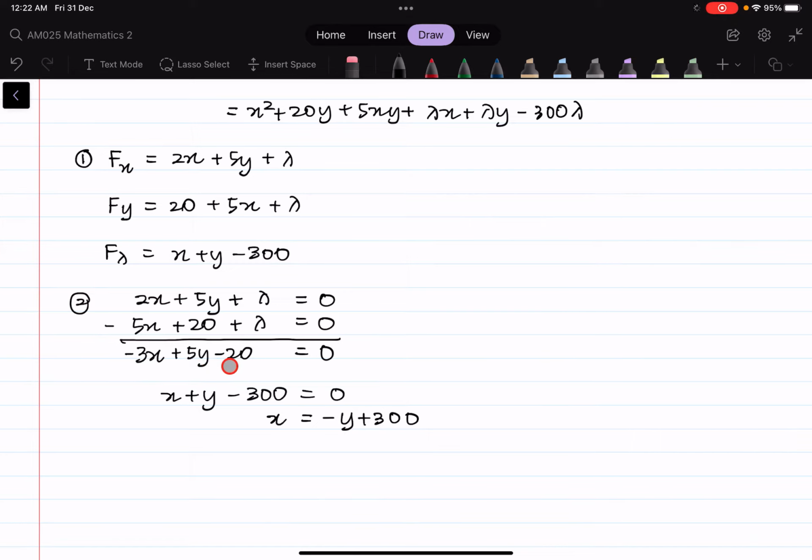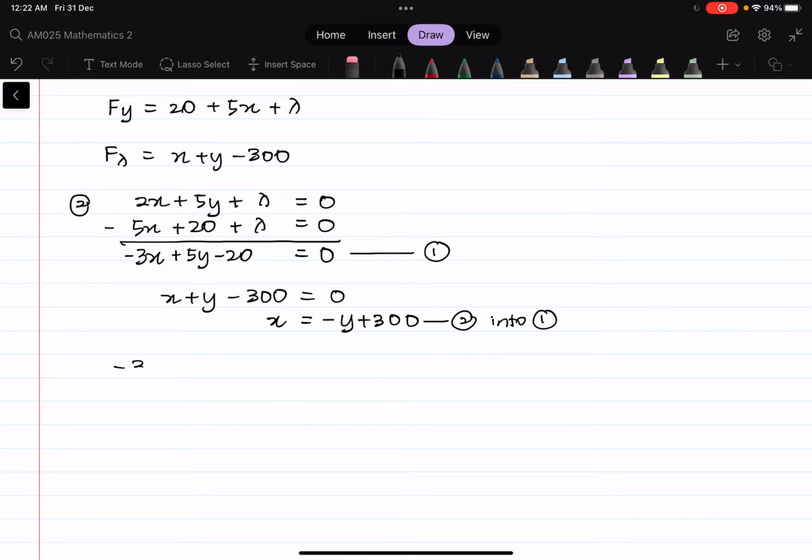Let us denote this as the first equation. So negative 3 times negative y plus 300, plus 5y minus 20, equals 0.